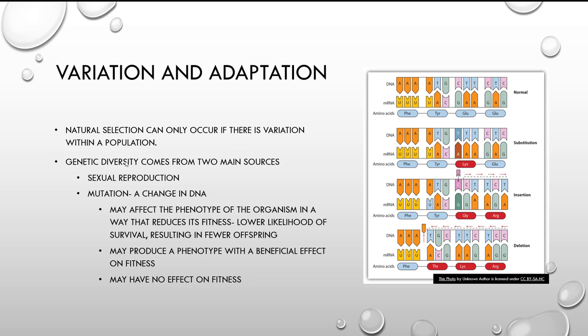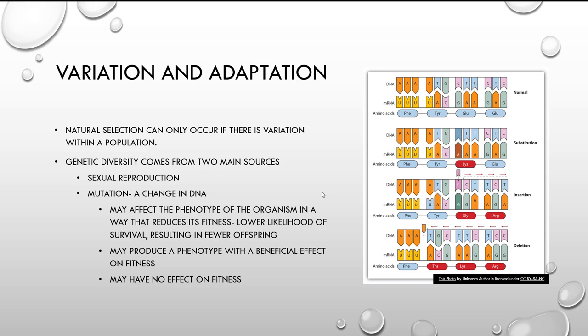Okay. So there are 3 outcomes to these mutations. One is that the mutation could affect the phenotype of the organism in a way that reduces its fitness. It could lower the likelihood of survival, resulting in fewer offspring. For example, in that frog example, perhaps the mutation causes the frog to produce a color that makes it stand out on the log for the bird.